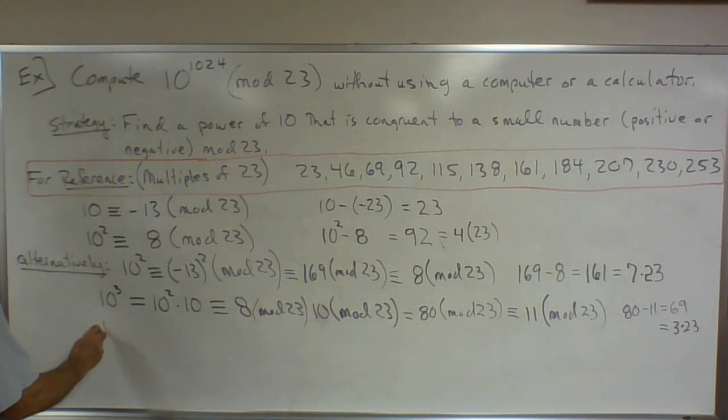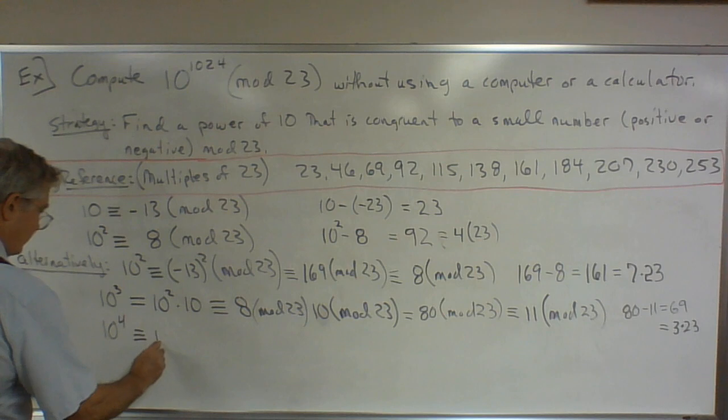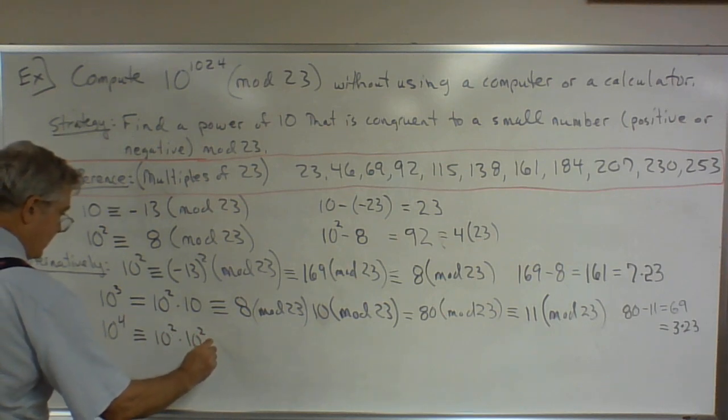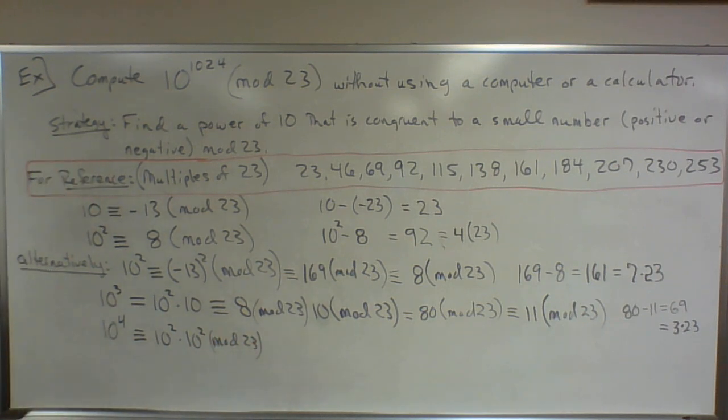10 to the 4th. Come on. Let's see, 10 to the 4th. That's congruent to 10 squared times 10 squared mod 23. Apparently that's what I want to do. No?